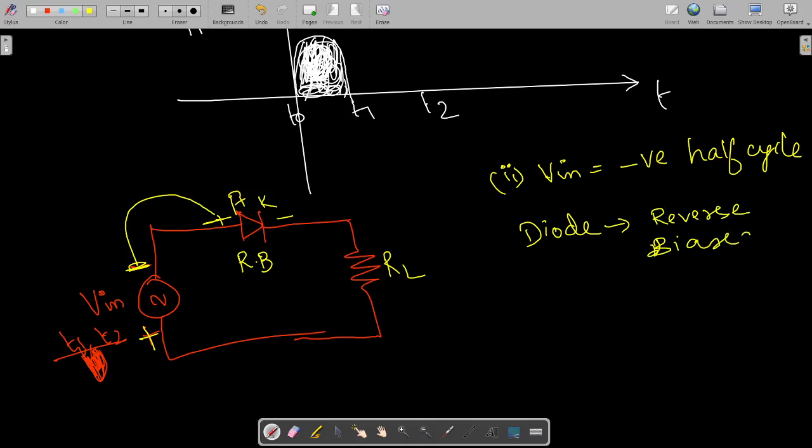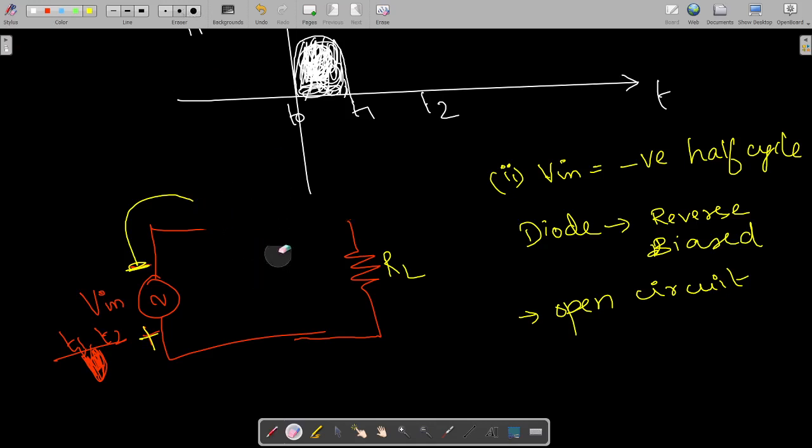Reverse bias means it acts like an open circuit. So open circuit means it is simply open, that's it.